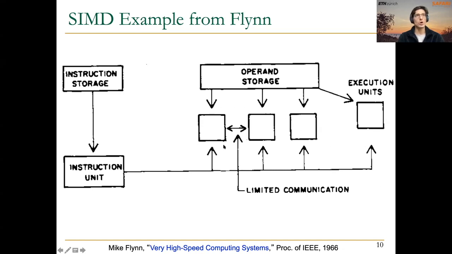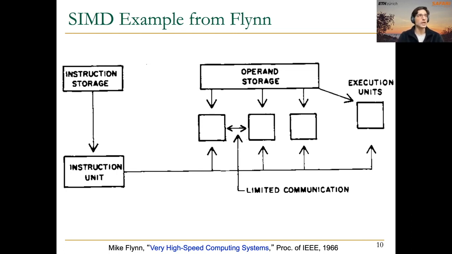And as you see, all the execution units have access by themselves to the operand storage. This is different from the MISD machine, because in the MISD machine, the data is coming from the same place, so it's input to one processing element, and then it propagates after that processing element or execution unit.